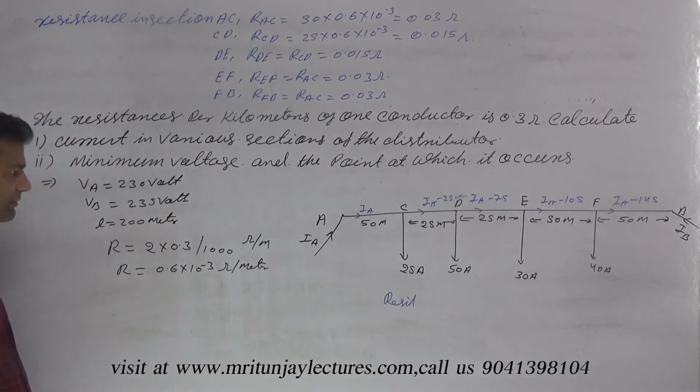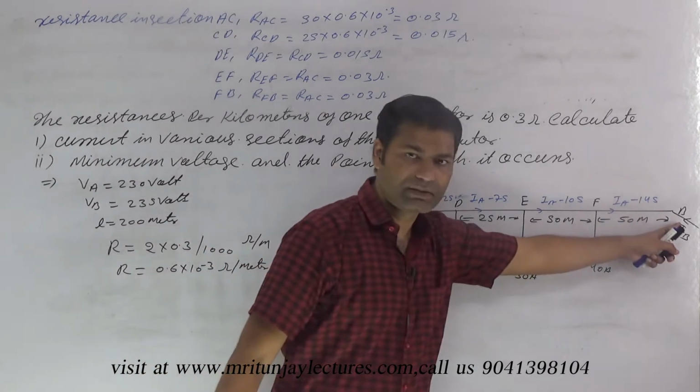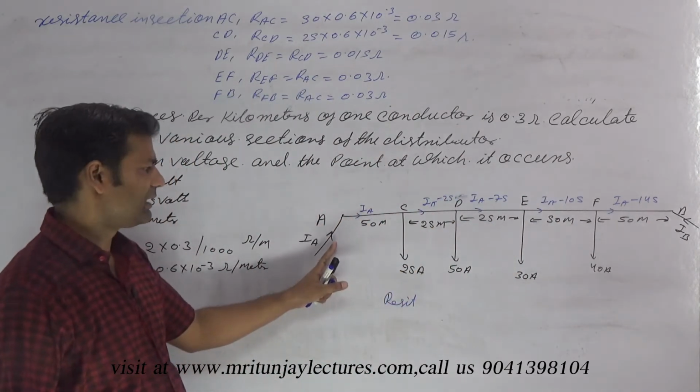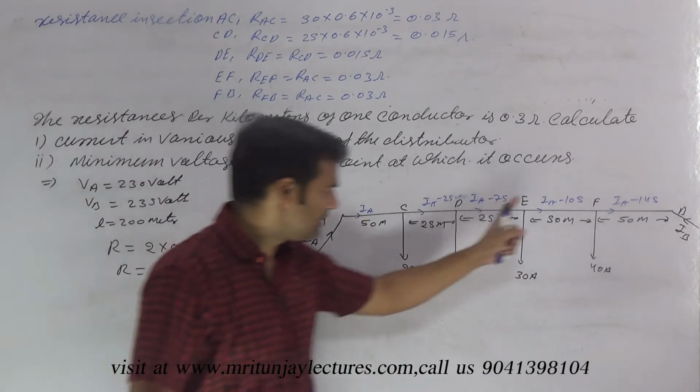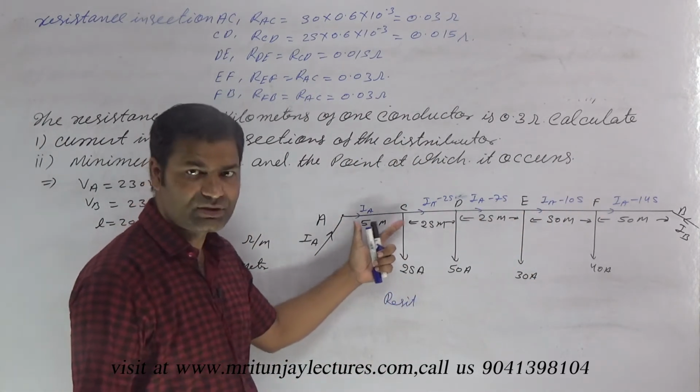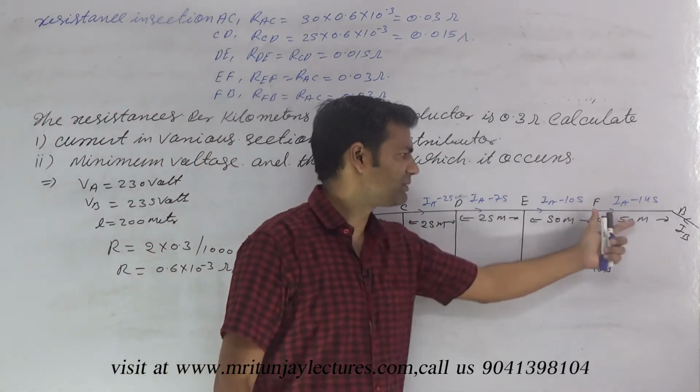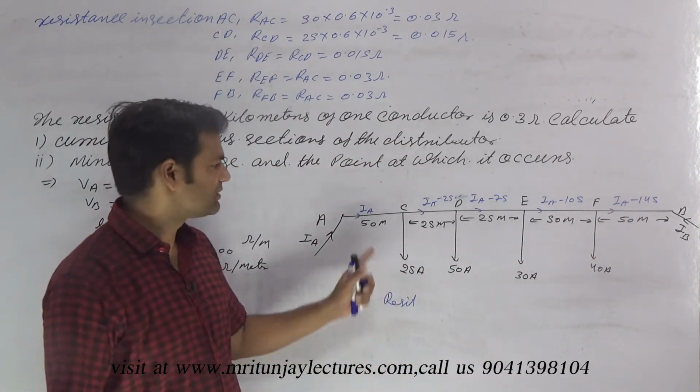Now how can we determine VA minus VB? For simplicity, we have taken IA, not IB. VA minus VB equals this voltage drop plus this voltage drop and so on. Why plus? Because of the direction of current.